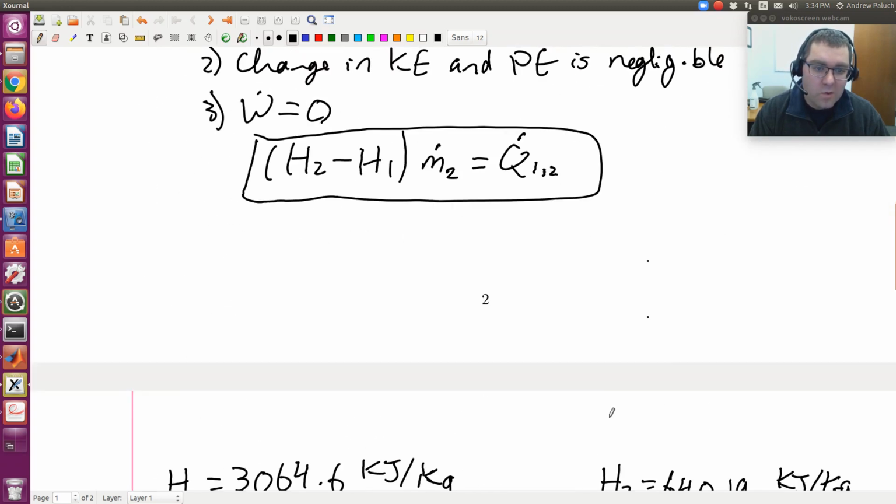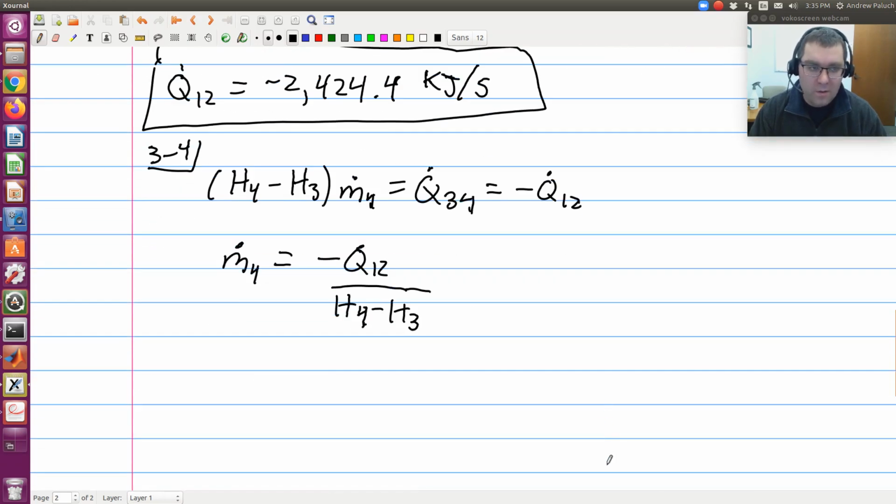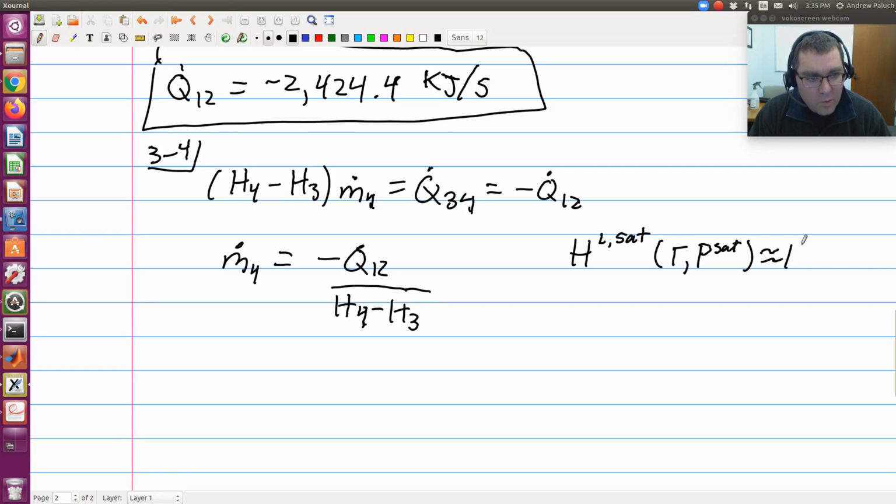Essentially the assumption I'm going to make, and I'm trying to write a general equation here, is that the enthalpy of my liquid at saturation, at some T and corresponding saturation pressure Psat, is approximately equal to the enthalpy of some compressed liquid at the same T, but at some P where P is greater than Psat.